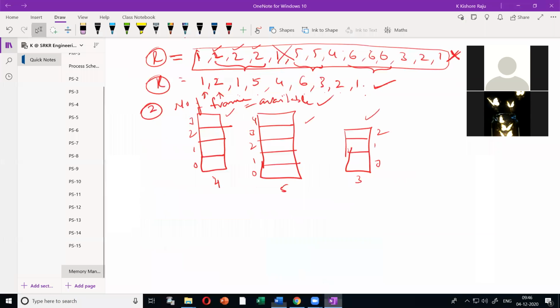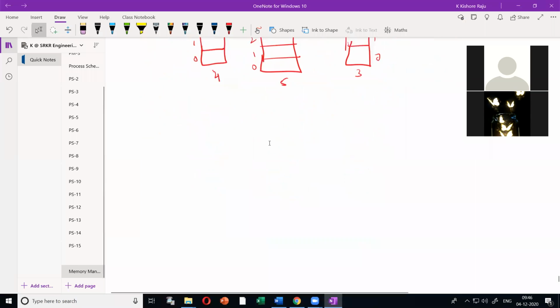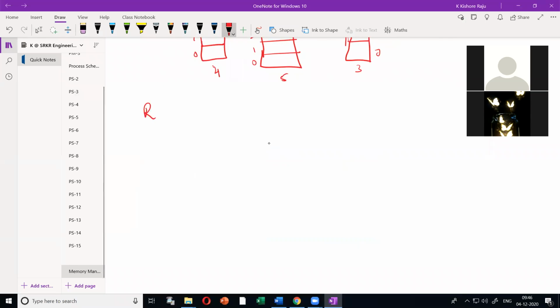What do you mean by page fault? We already know. For example, I'm taking one particular reference string: 1, 2, 3, 1, 4, 1, 3.